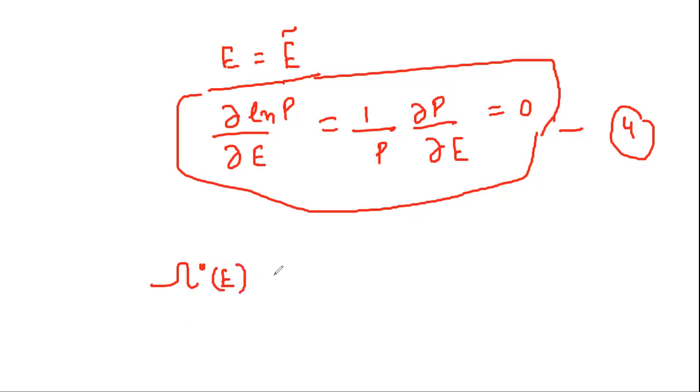That is the total states accessible to the combined system, as the product of sigma of E times sigma prime of E naught minus E. Let me name it 5.